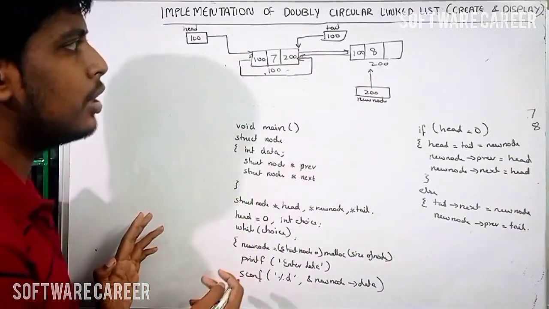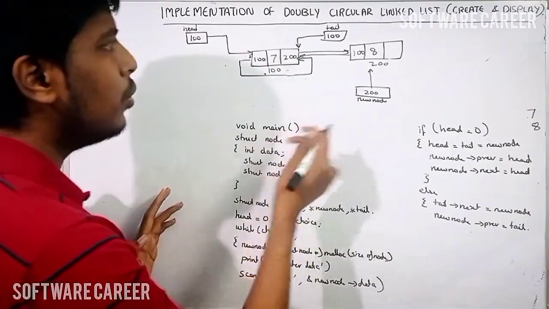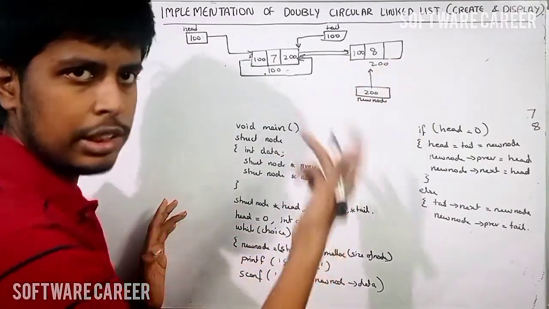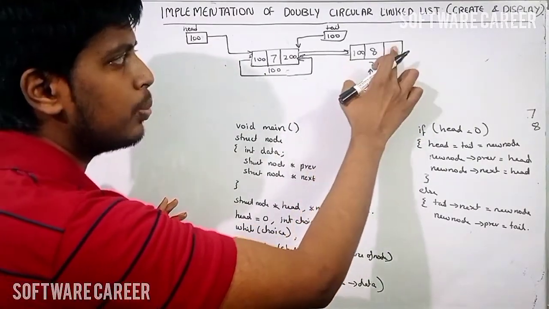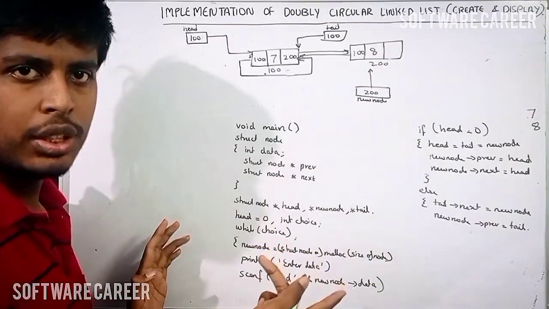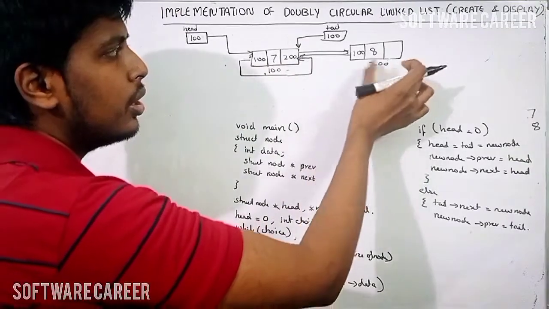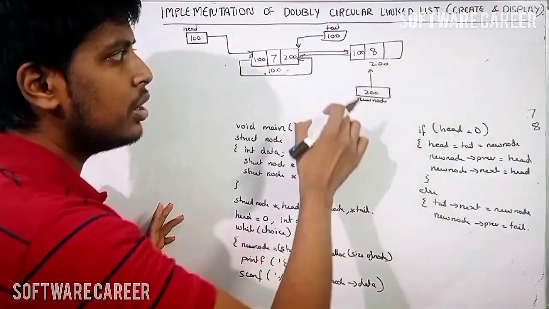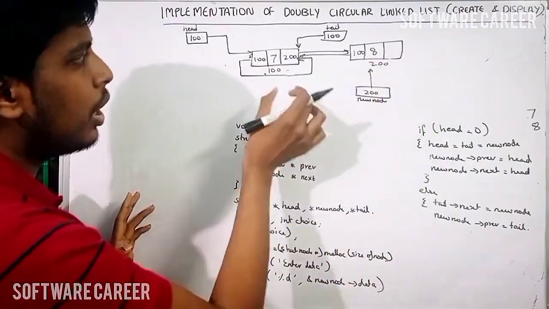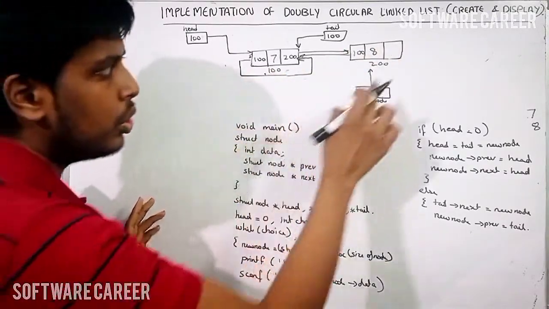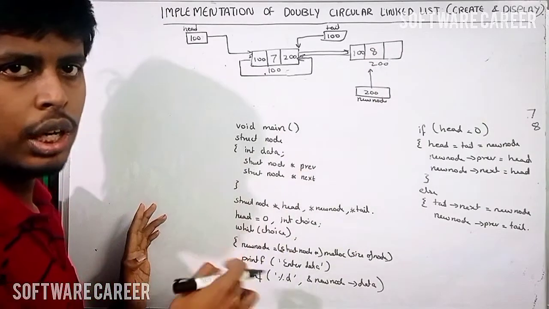Now see, the next step. The next pointer of this node, that is this pointer, should contain the address of the next node. Now this is a circular linked list, so this is the last node. The next node of this is the first node. So you should have the address of the first node in this. What is the first node? 100. So you should store 100 over here. How can you store it?